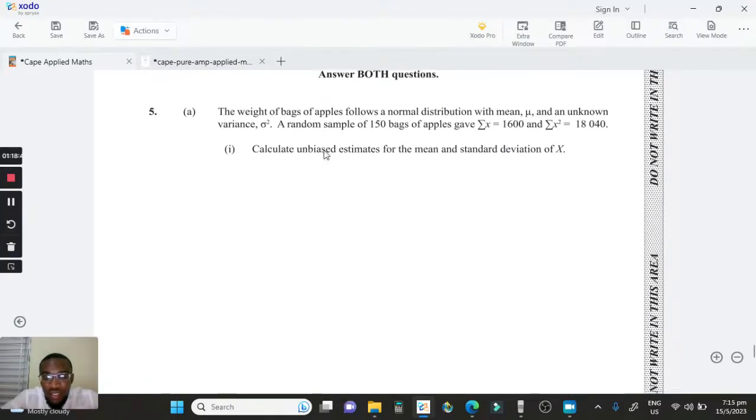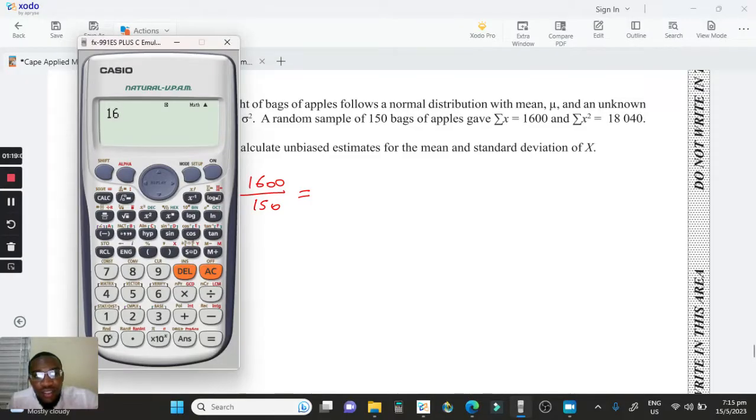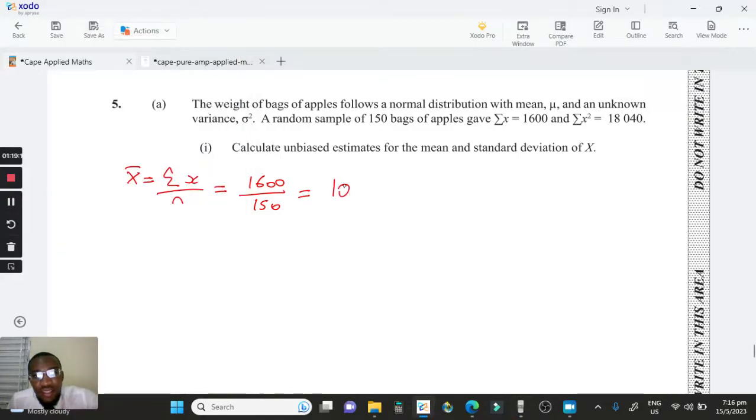Question 5 says the weights of the bags of apples are normally distributed with mean and unknown variance sigma. Calculate unbiased estimators for the mean and the standard deviation. So remember, bar x is the sum of x over n. This is now 1600 divided by 150. We'll put that in our calculator. 1600 divided by 150, which is 32 over 3 or 10.6. That's 10.6.